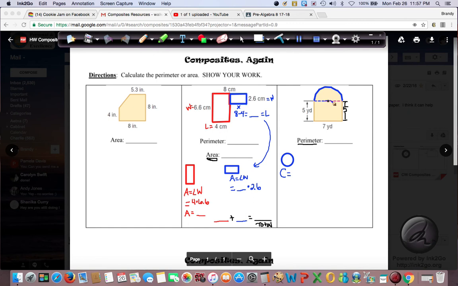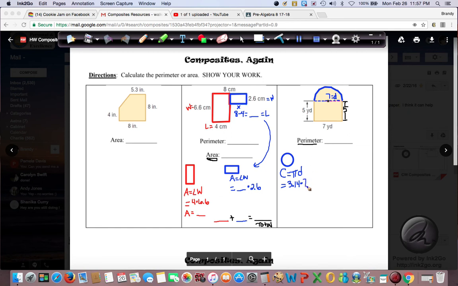This is your diameter, and you're given your diameter is 7. Since they tell me diameter, that is the formula I'm going to use. So I'm going to use pi times the diameter. So pi is 3.14 times the diameter, which in this case is 7.